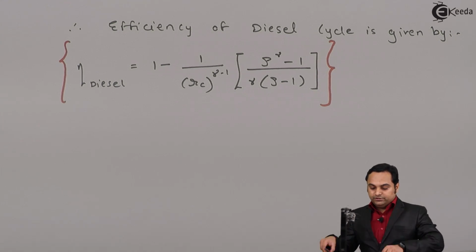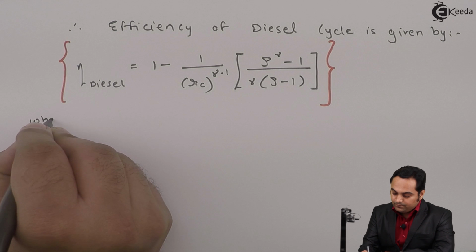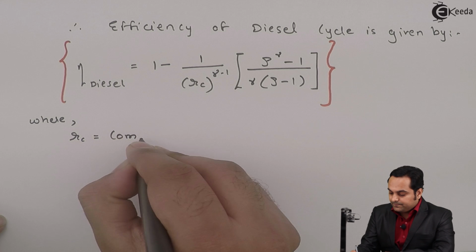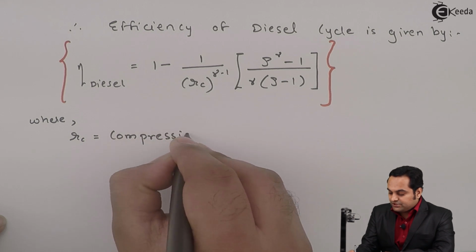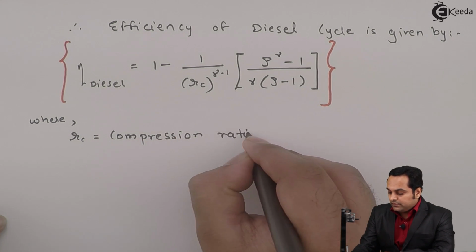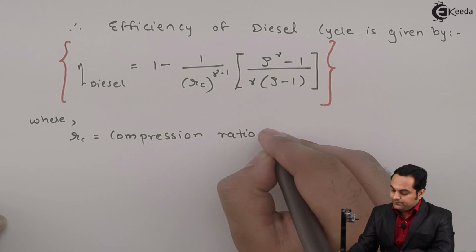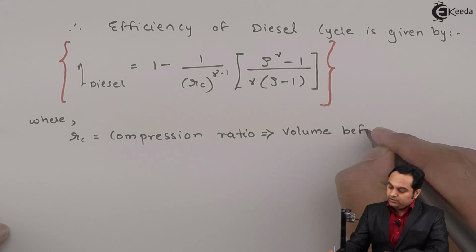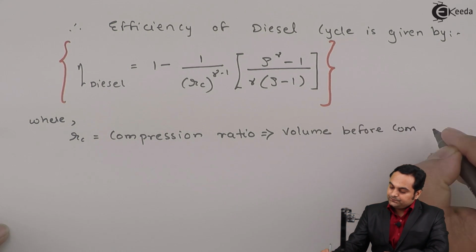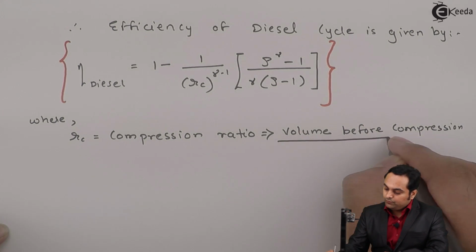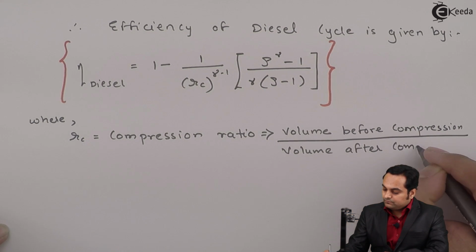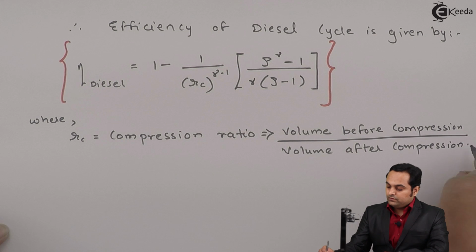Here I'll denote the terms, where r_c is called the compression ratio, and that compression ratio is volume before compression, that is, we can say cylinder volume, upon volume after compression, that is clearance volume.